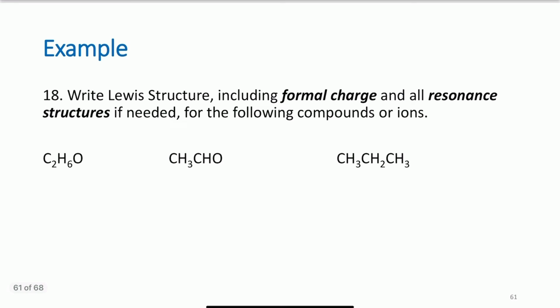Write the Lewis structure, including formal charge and all resonance structures if needed for the following compounds or ions. I put these extra practice together. I didn't realize how many times I'd be doing this over and over again, but it is good practice for you guys. Okay, C2H6O. There are a few different ways I can actually put this one together. I could say this.